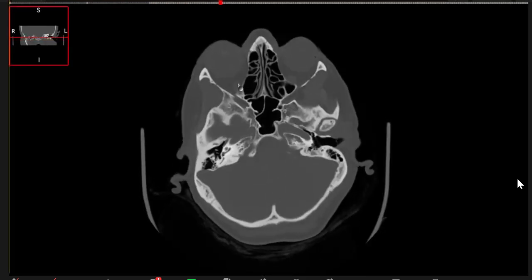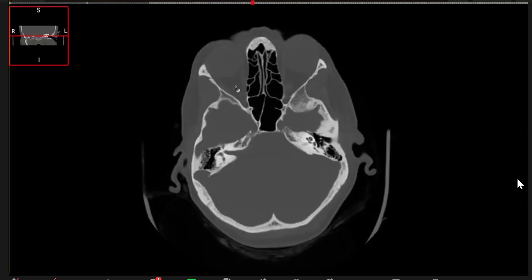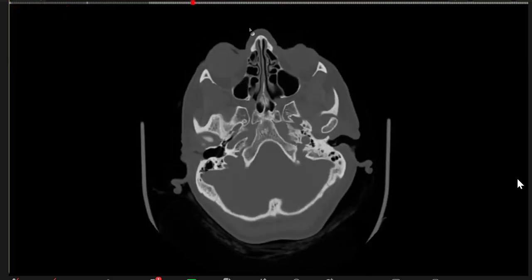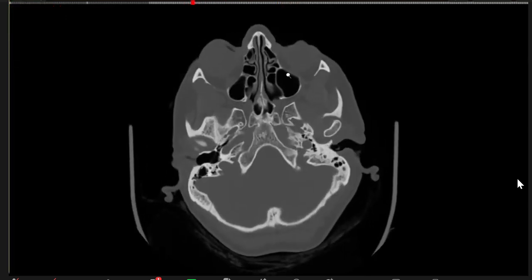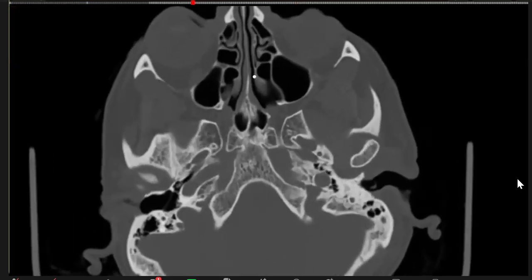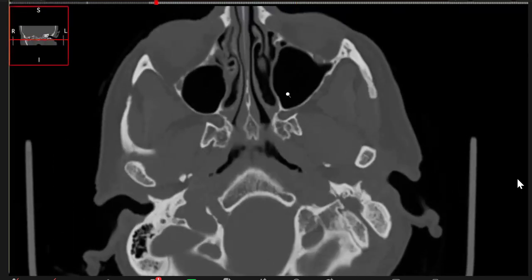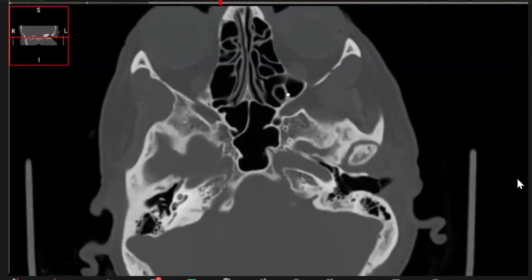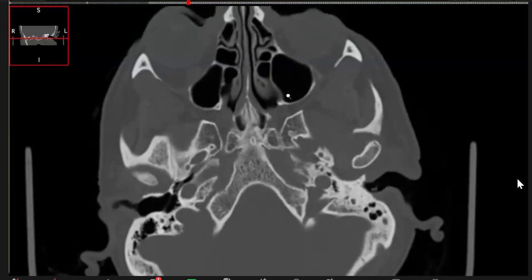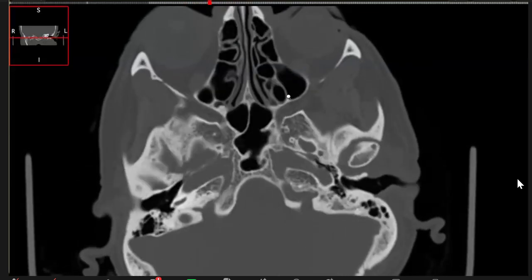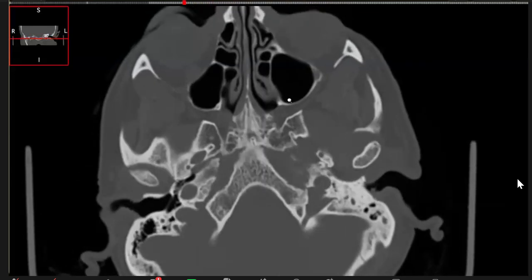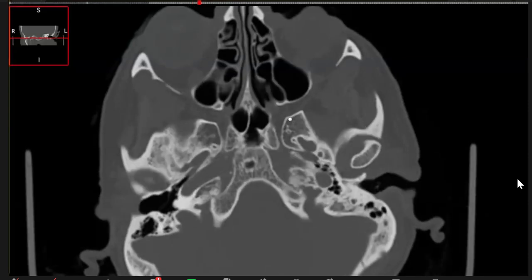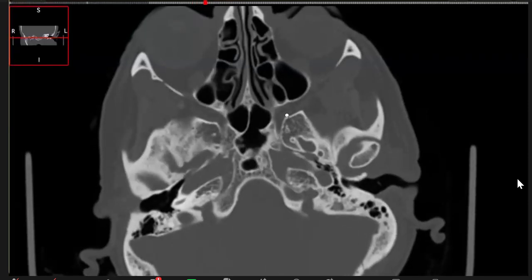So, our aim here will be to learn the anatomy of the pterygopalatine fossa. The pterygopalatine fossa is a landmark or a junction in head and neck radiology. There is a fossa here which we are going to describe.